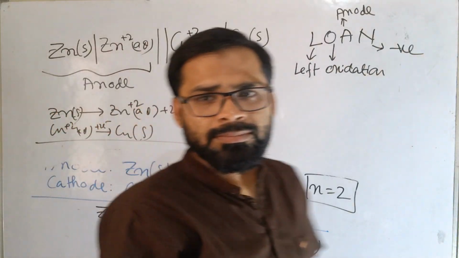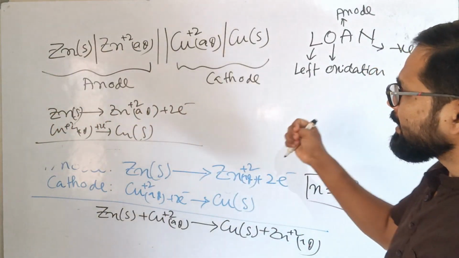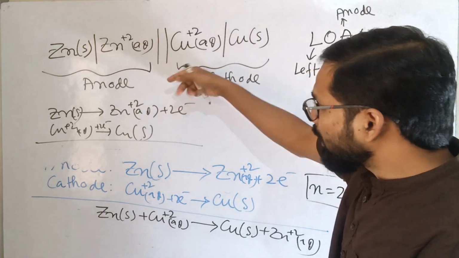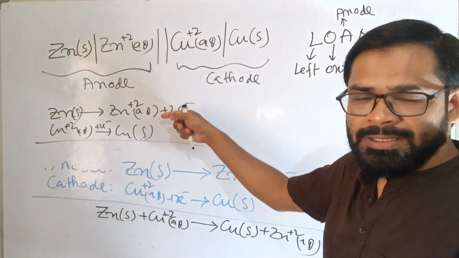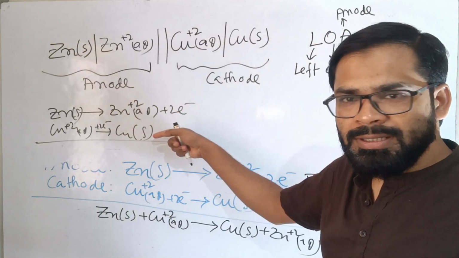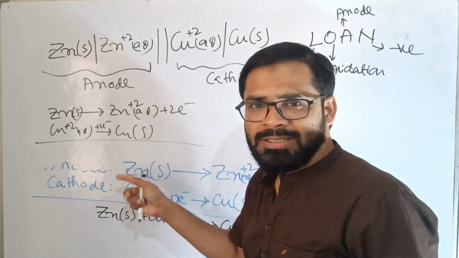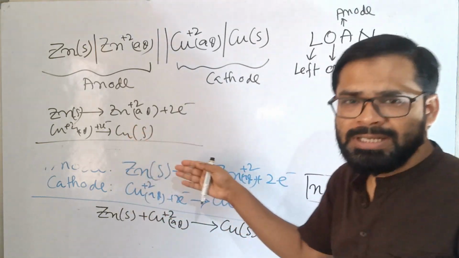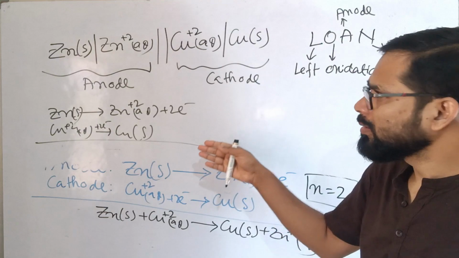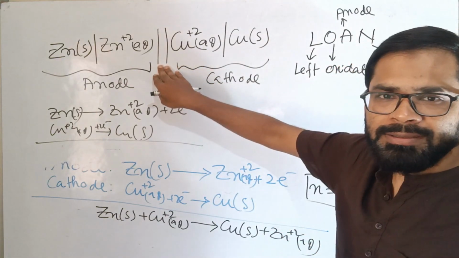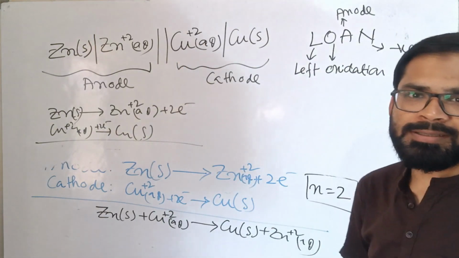Our main target is this: from the cell representation, we should know how to write the anode and cathode reactions. If they provide the anode and cathode reactions, we have to write the galvanic cell representation.